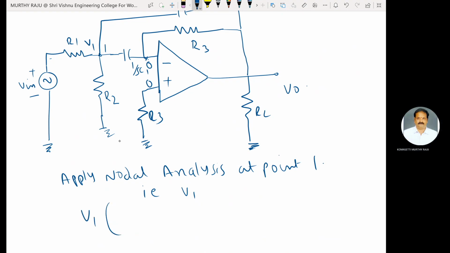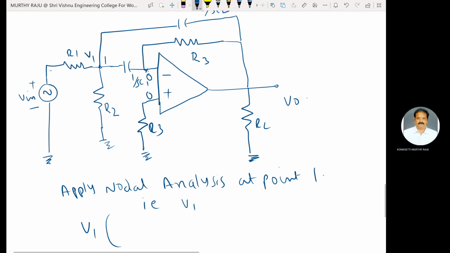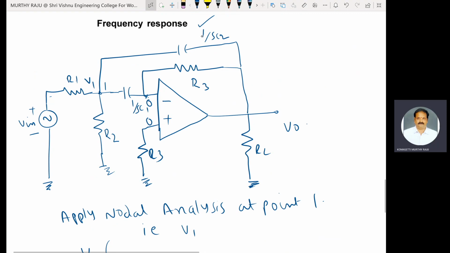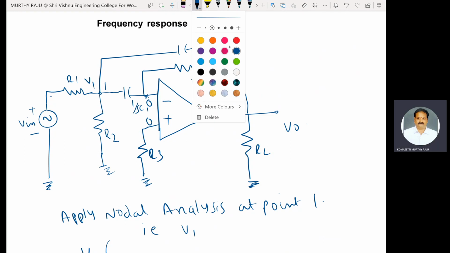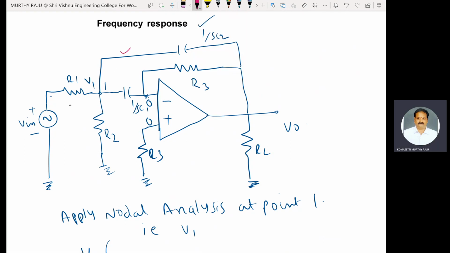The admittances connected to that V1 are 1 by R1 plus 1 by R2 plus 1 by SC1 plus 1 by SC2. These are the branches. 4 branches are connected to node V1.